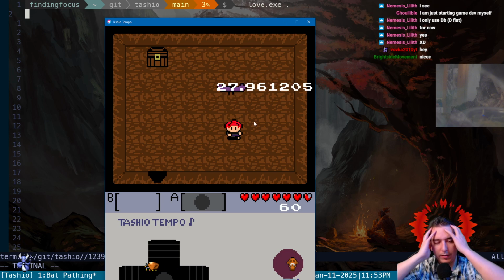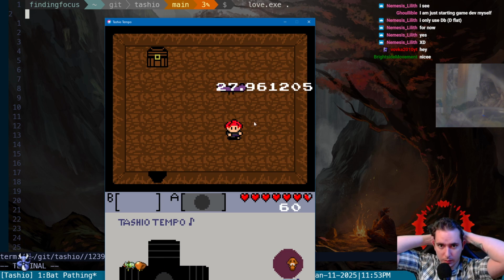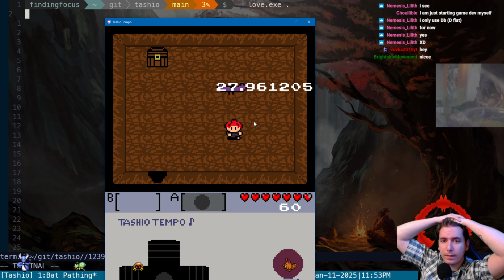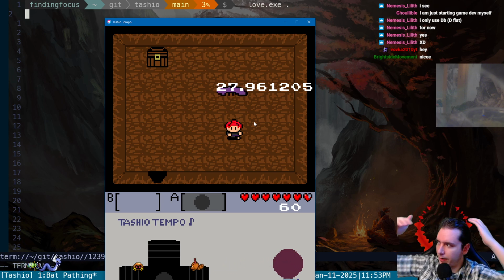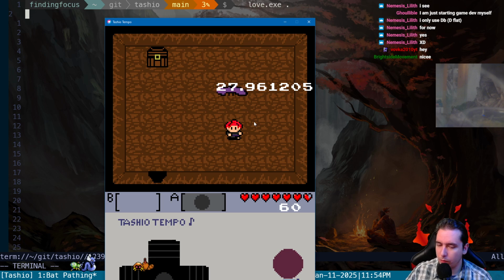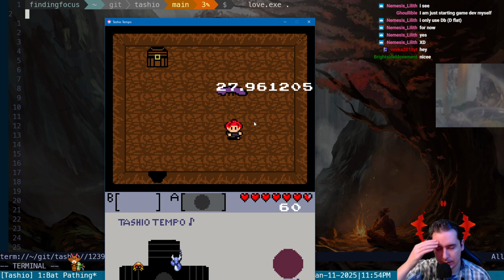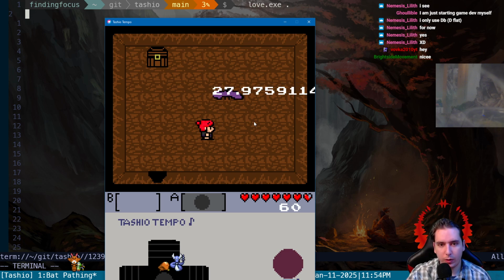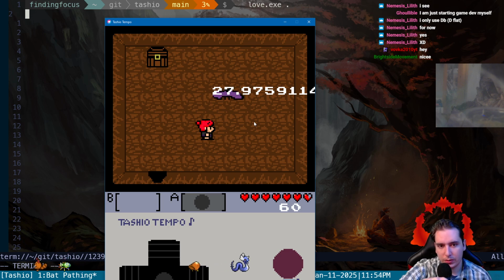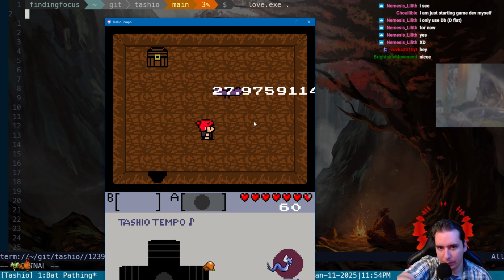Okay, so I think we need to change this so it's more consistent. What we need to do is find what quadrant we are in relation to the bat, and then we can calculate the distance. Because if we're in the left quadrant like this, then the distance would be from the top right of us to the bottom left of the bat.